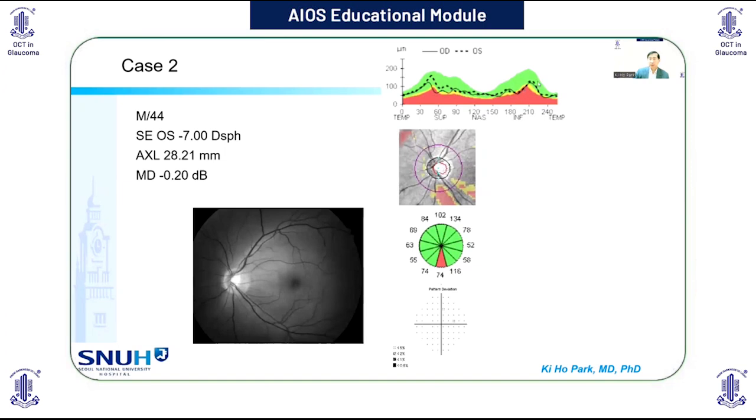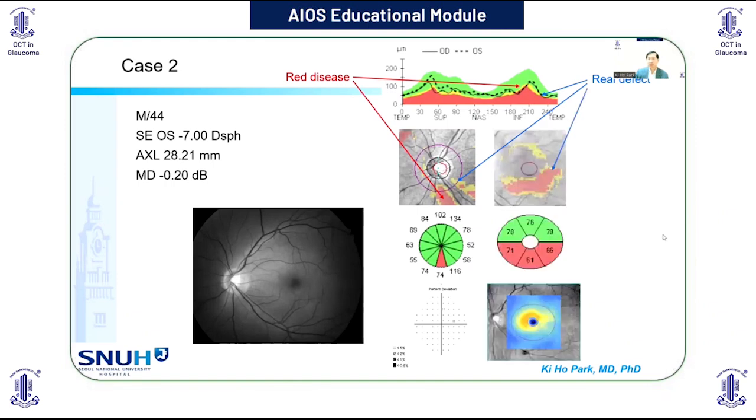And you can see here, it is a pseudo defect because of the peak shifted temporally. You can see pseudo defect inferiorly. And the true defect is here, inferior temporal part, which corresponds with the RNFL defect in the photograph. And ganglion cell analysis could show clearly the inferior ganglion cell layer thickness change, and we call that temporal raphe sign positive.